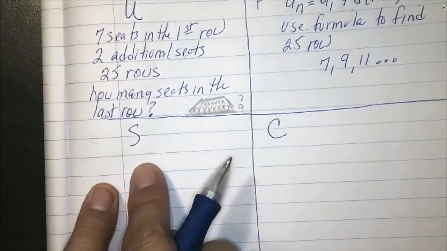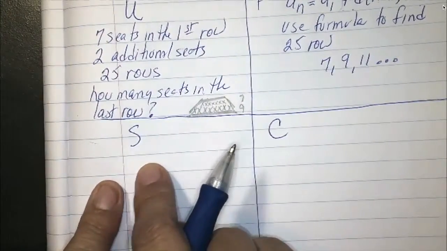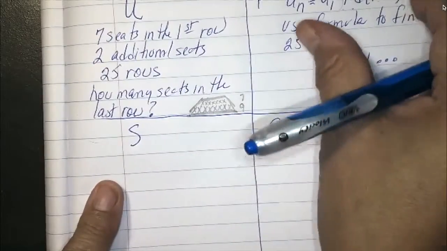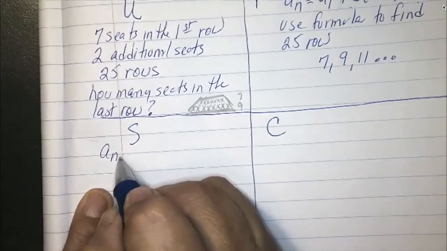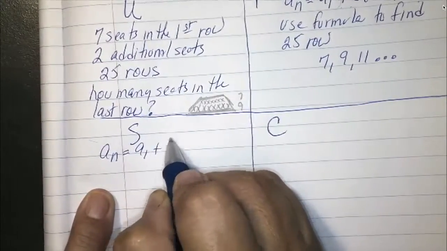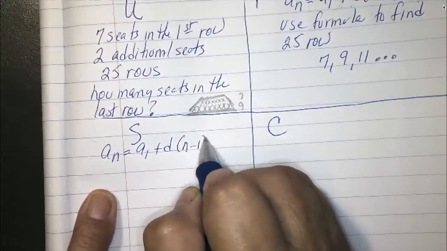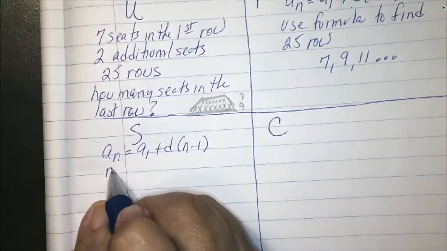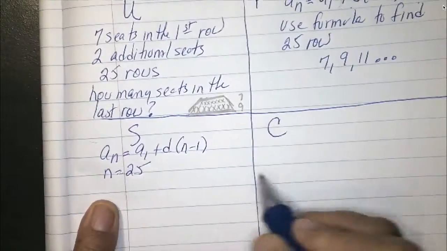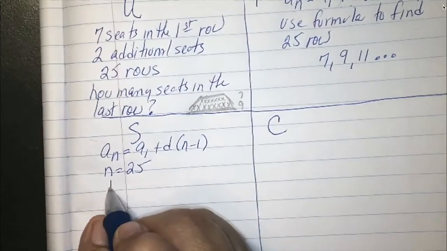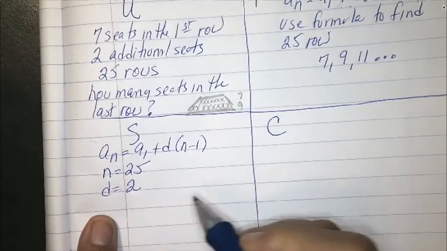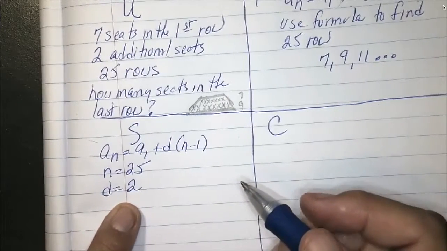Now in S is where we actually solve it. I'm going to recopy my formula because it's way over here, so I'm going to bring it down and identify each term. We know that n is 25 because there were 25 rows. We know that there are 2 additional seats in every row.